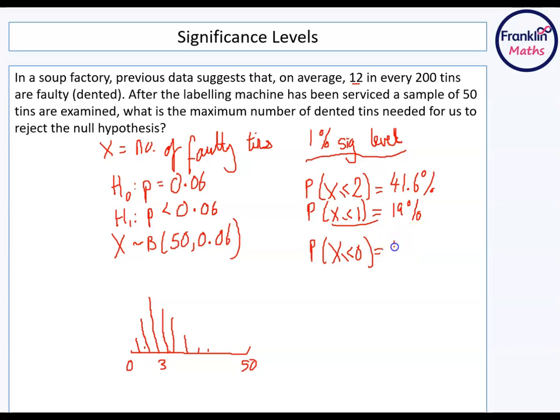And that comes out as about 4.5%. So in this case, there's no critical region. I'm just going to cheat here. I'm going to put a 0 on that there. So in this case here, the critical value is 0. So I need to find 0 tins for us to reject the null hypothesis. Remember as well, this number here, so we've got x equals 0 is the critical value.